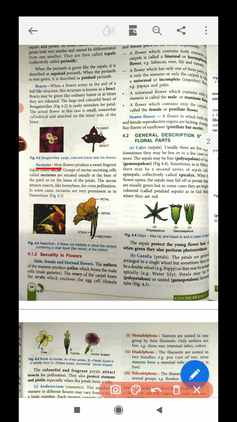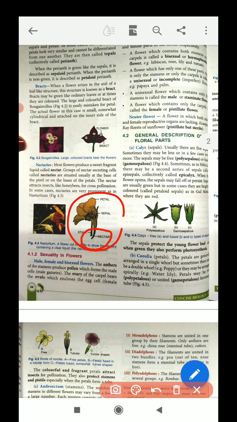Most flowers produce a sweet fragrant liquid called nectar. That nectar is present in small cells called nectaries, which are situated at the base of the pistil, on the base of the petals. Here in the structure you can see petals, sepal, nectary at the base of the pistil, and stamen and pistil.